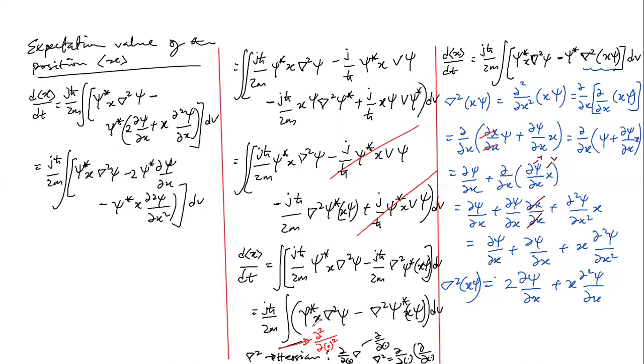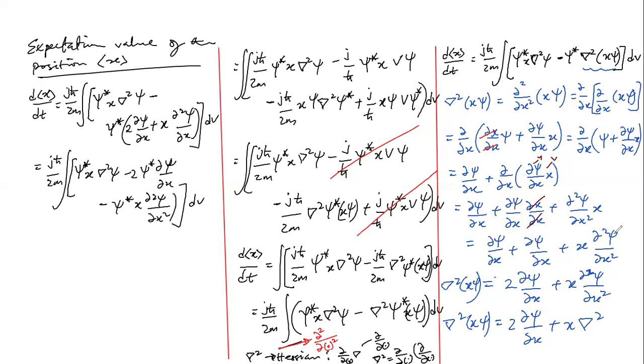Now recall that the Hamiltonian is the same as the square, such that this expression here becomes x lambda squared psi, which will be the same as 2 dpsi/dx plus x d²psi/dx².